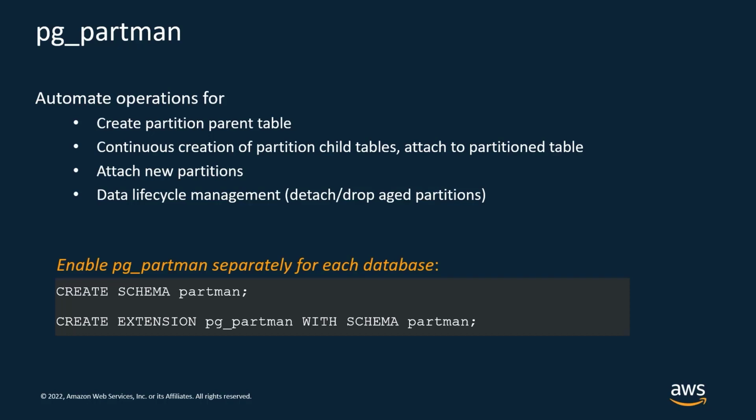To enable pg_partman on RDS for Postgres, we need to run create schema partman and then create extension pg_partman for each of the databases in which we would like to enable pg_partman.